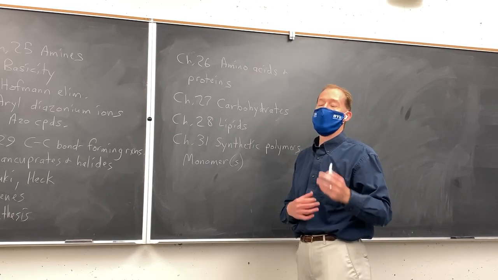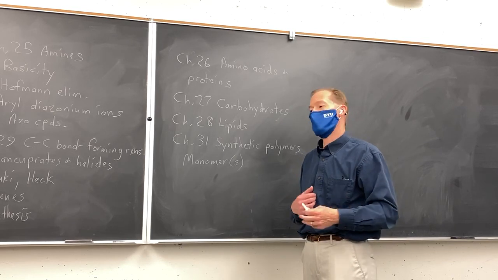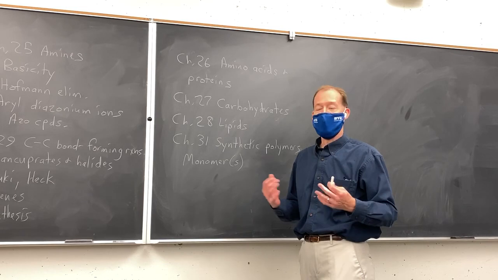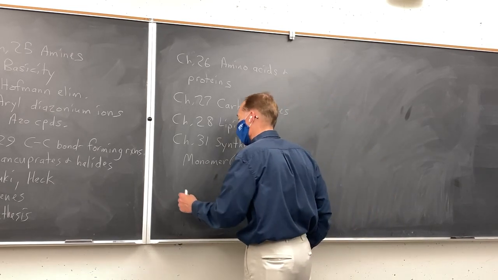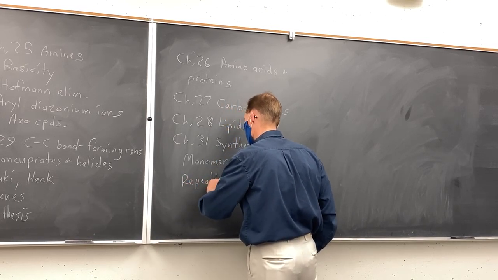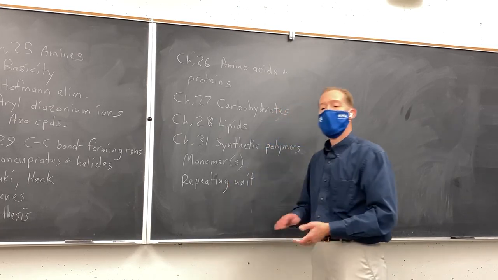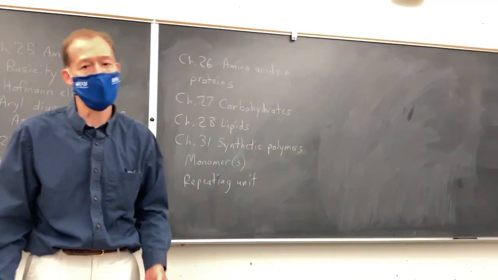Sometimes they might ask things like, would you make this polymer by cationic polymerization or anionic polymerization or radical polymerization? That should be fairly straightforward. And then the other one would be being given a monomer or monomers, being able to identify the repeating unit. That's typically what they would focus on with polymers.